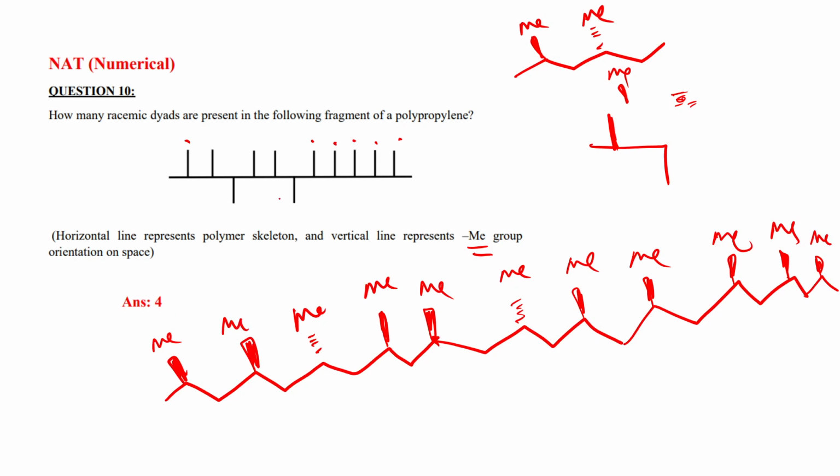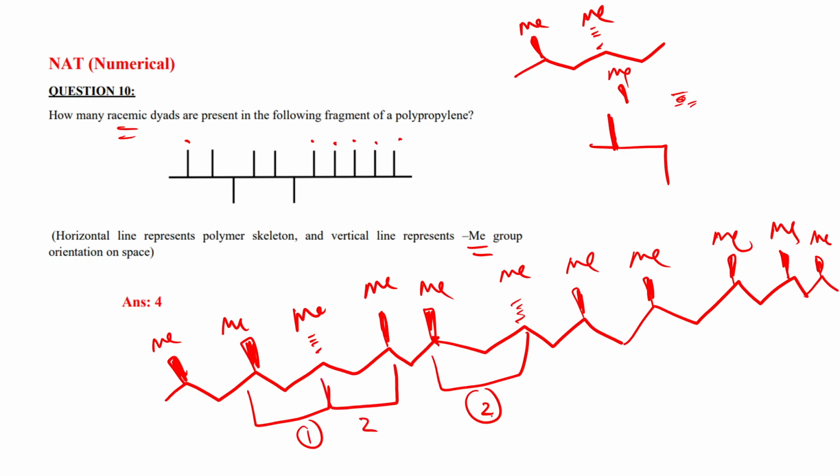And in a simple way, this describes it. Now we want to identify the racemic dyads. The racemic dyad should be this kind of above-below arrangement. So this is the first racemic dyad. This is the second one, and obviously this is there.